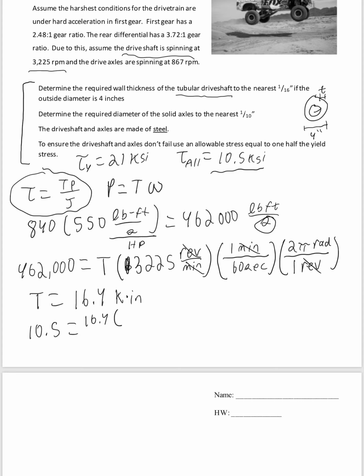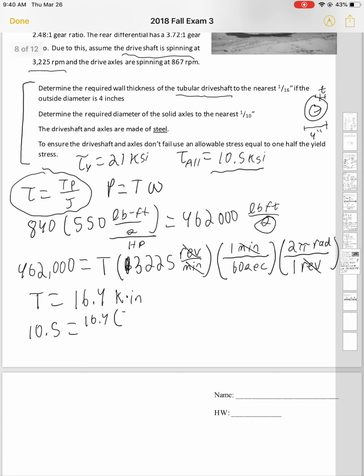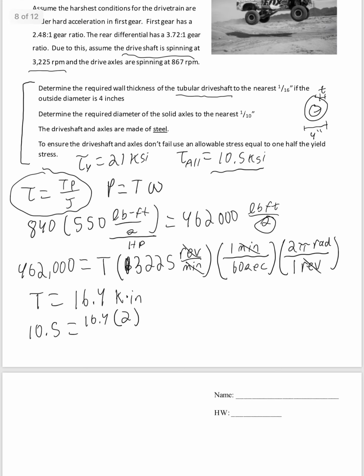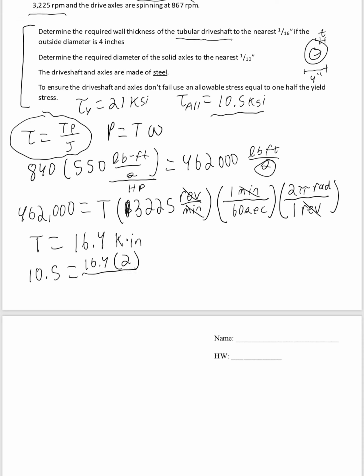Rho, that's going to be, in this case, outer radius. You could put any point you want to find the stress at, but in torsion, our max stress will be at the farthest out point. So for a diameter of 4 inches, our outer radius will be 2 inches, and divide that by J.